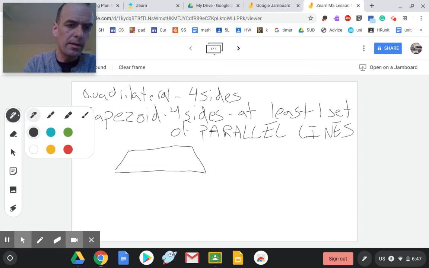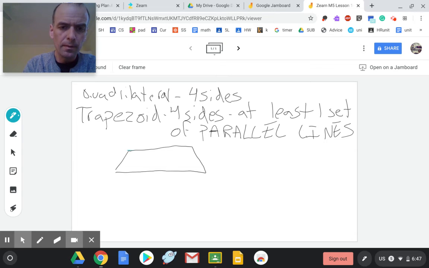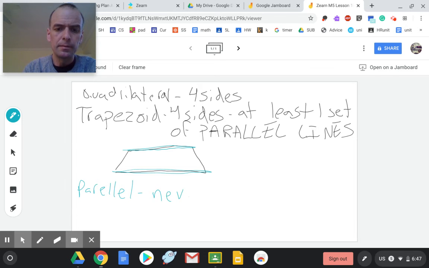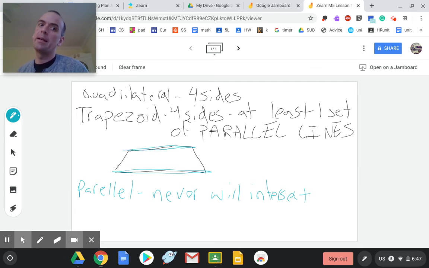And it showed that these two are parallel because they never touch. So I'm even going to write that parallel lines never will intersect. So they just taught me some things and I'm writing them down.